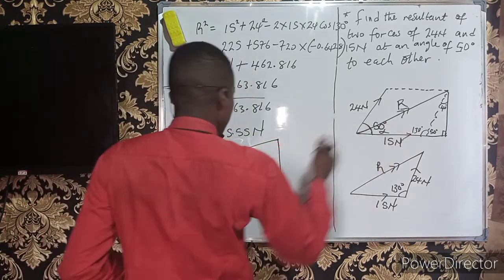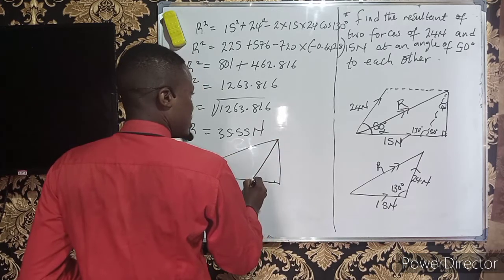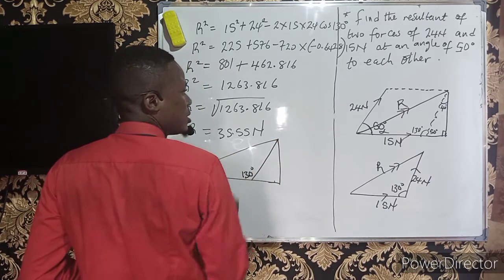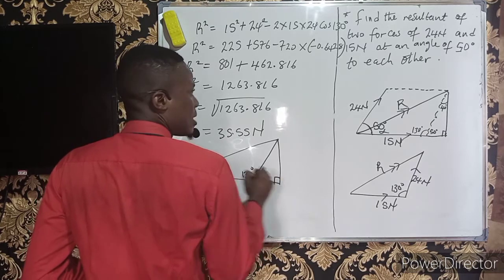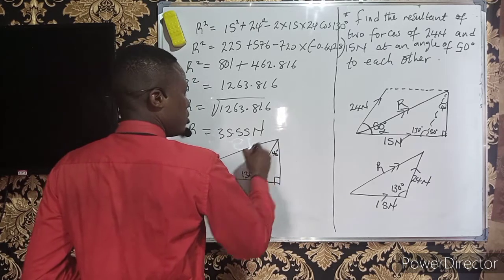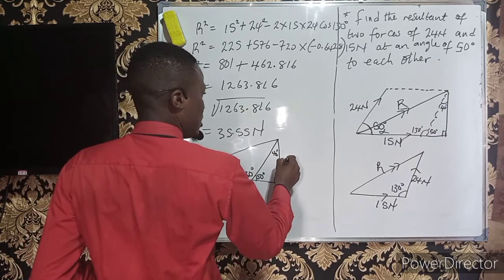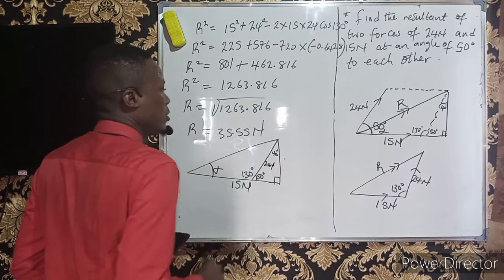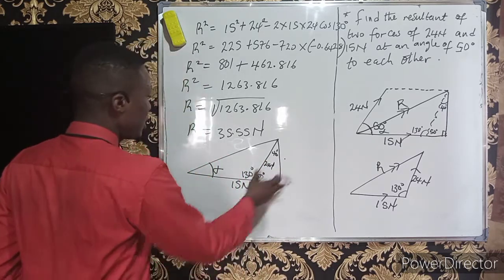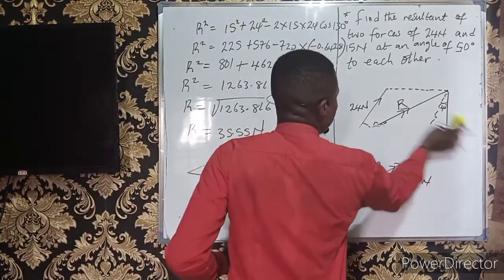I'm getting this triangle here, while I have something like this, where this is 130 degrees, this is 50 degrees, this is the right angle, and here is 40 degrees. Remember, here is 15 Newton, and here is 24 Newton.